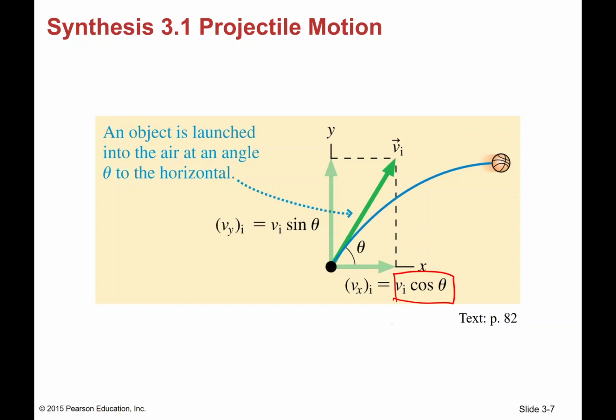Well, remember that this is your vector, and you have to think of this triangle here, and this is your angle theta. This is your x component, this is your y component. This is the adjacent, it goes with the cosine, this is the opposite, and it goes with the sine. That's how you solve these problems. If you're given the initial velocity and you need to find the components, that's what you do.